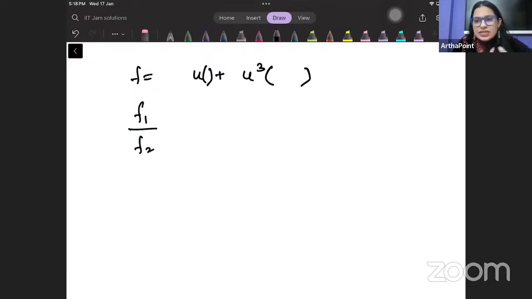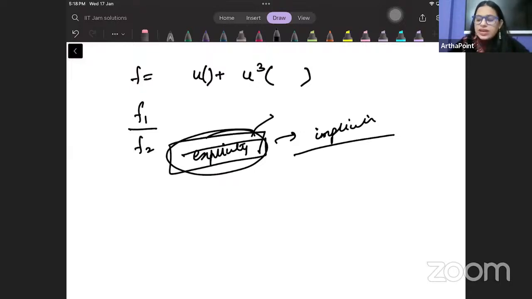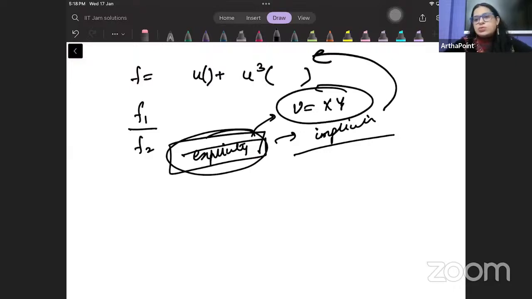But I somehow always find that when you explicitly mention the function, things become much easier than doing the question implicitly. So it is a good idea that you take some utility function, and then just go ahead and try to solve that. That will make things much easier for you.